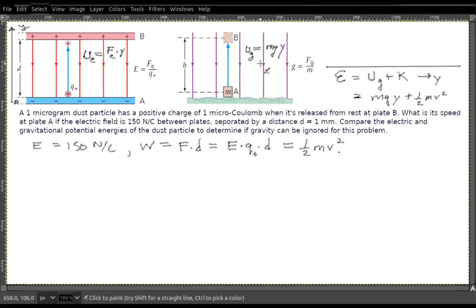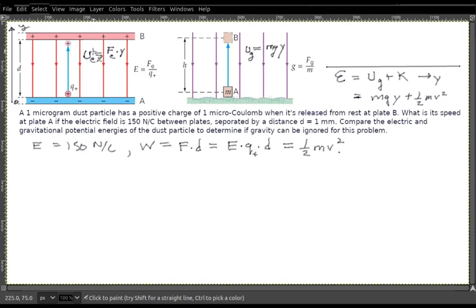And since gravity is a constant force, and the electric field gives a constant force, we can state that there'll be an electric potential associated with this electric field, which we get the same way: the electric force, Fe, times the position where you are in the field. y is your arbitrary position anywhere you like. At the top, what will y be? d. At the bottom, what will y be? 0.